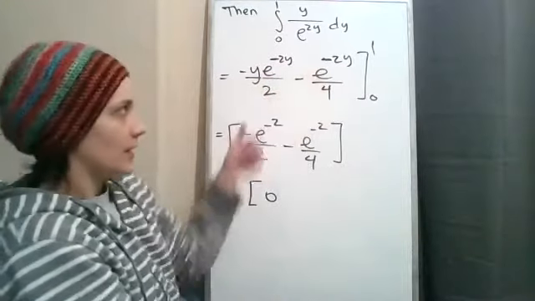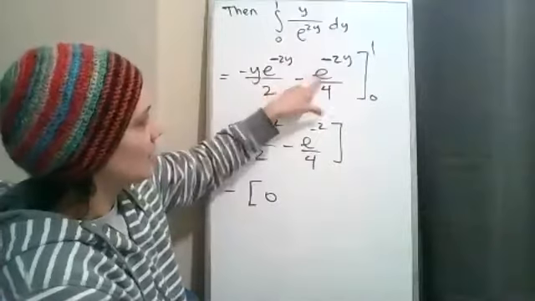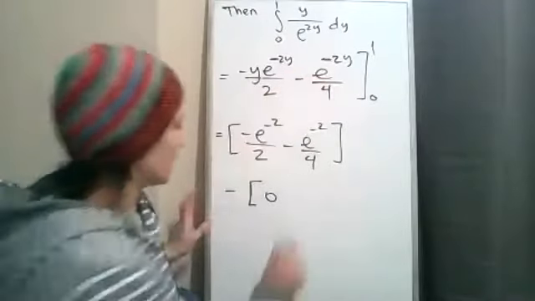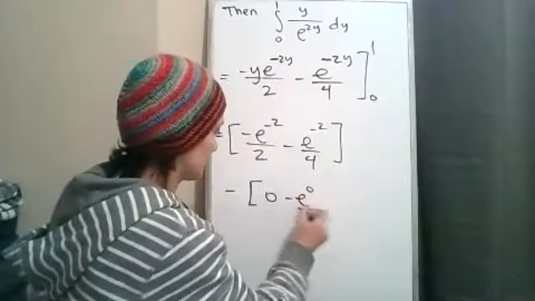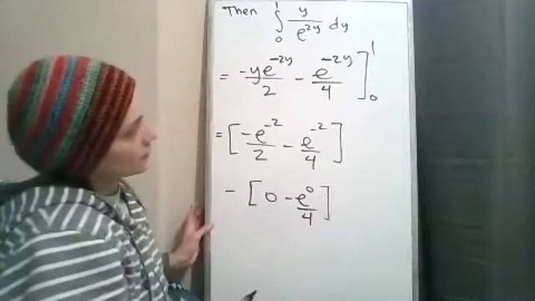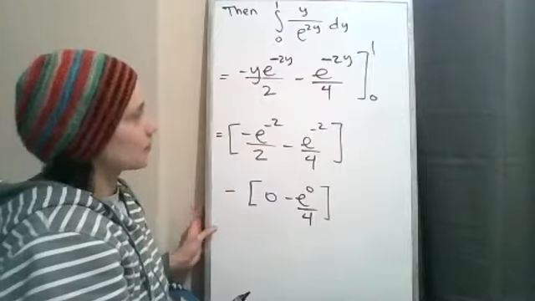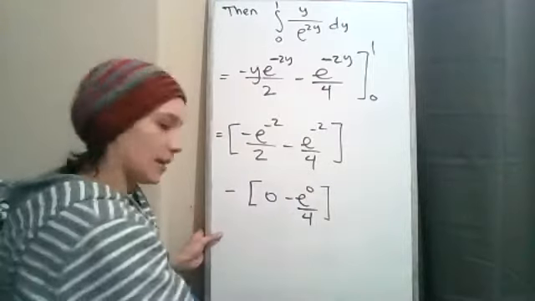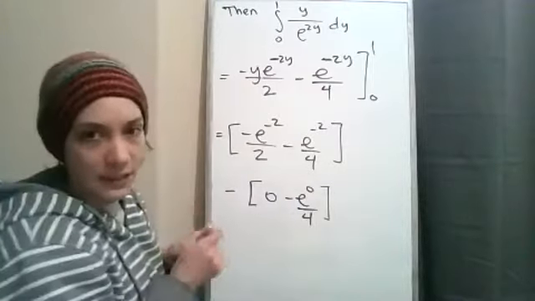Yeah, it's going to be fine. And then minus e to the 0 over 4. e to the 0 is 1.